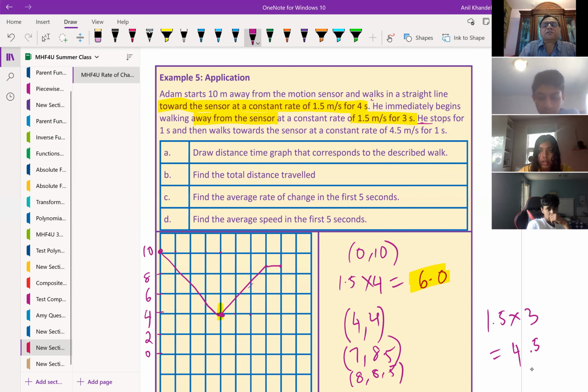Then he walks towards the sensor at a constant rate of 4.5 meters per second for 1 second. So the last point will be at time 9. And what is the Y value? Pardon? What is the Y value? 4.5? No. For 1 second. So finally, he is here, right? After 8.5, what does he do? Walks towards or away? Towards.